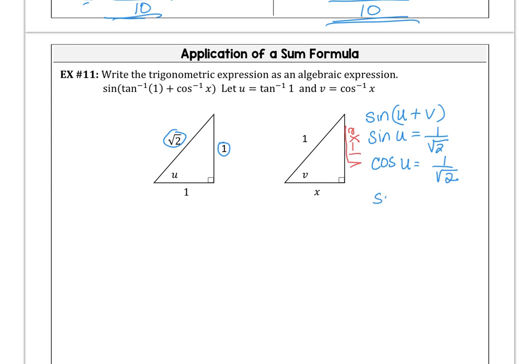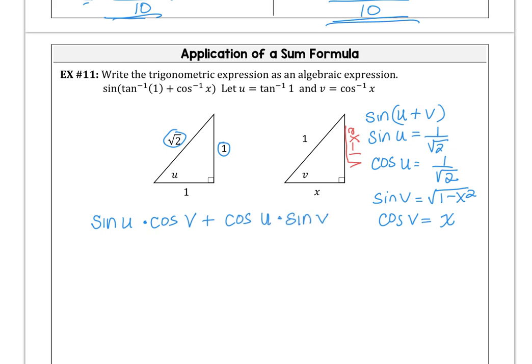So the sine of angle V is the square root of 1 minus x squared, and the cosine of angle V is just x. So we want the sum, sine of u plus v. That pattern is sine u times cosine v plus cosine u times sine of v.